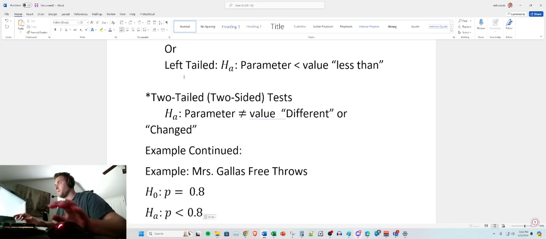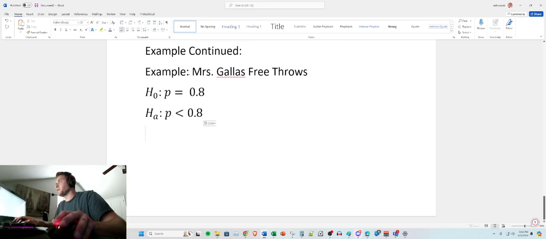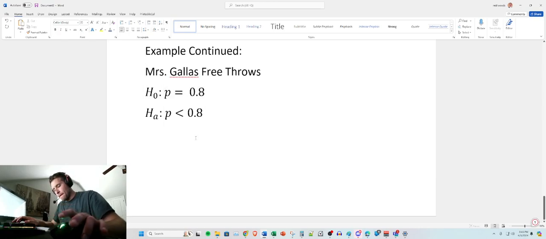Example continued. Dallas free throws, we have this here. All right, and let's also define what kind of test this is.